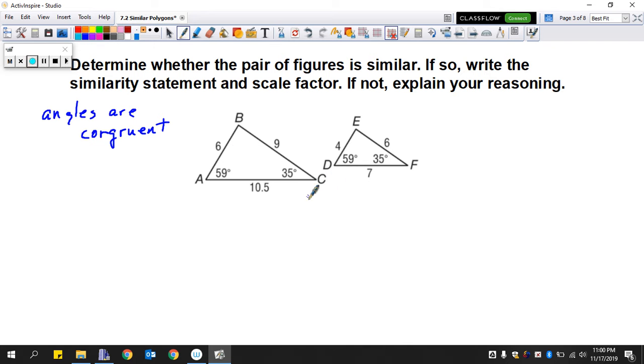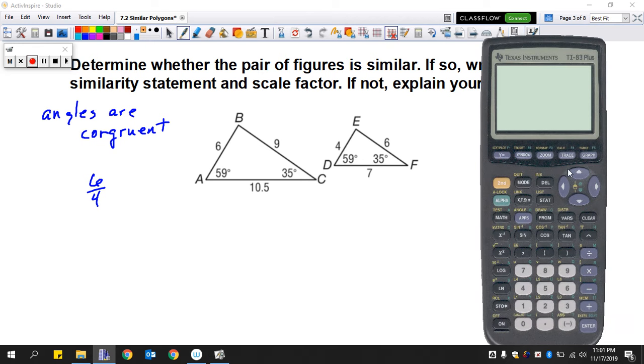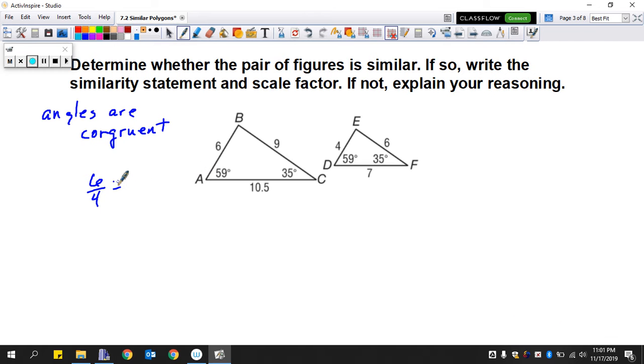So AB goes with DE, so that is 6 to 4. If we get our calculator out, 6 divided by 4 reduces down to 3 over 2.